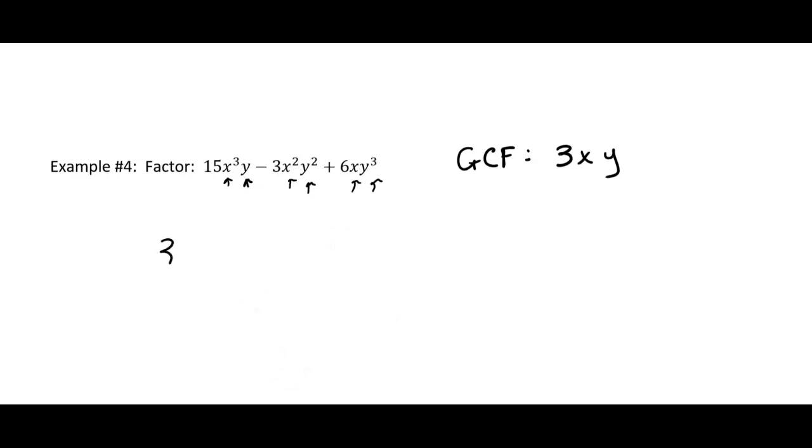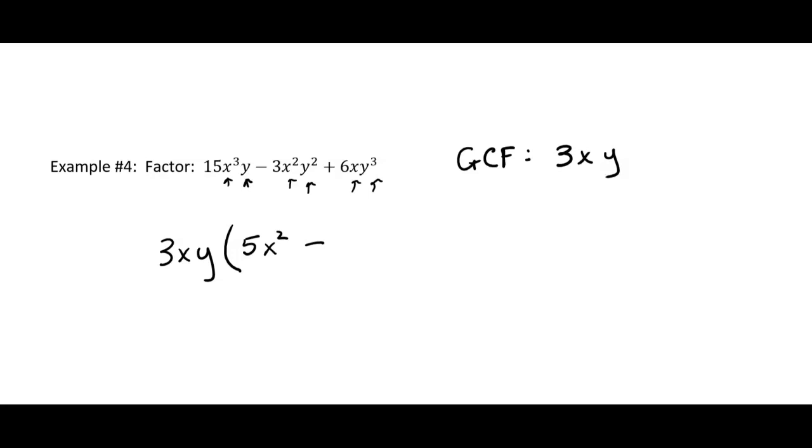I write 3xy, and then parenthesis, that indicates the multiplication. And then I think about, well, if I took a 3xy out of each term, what do I have left? Well, 3 times 5 would be the 15. I've got an x. I need x squared here. I've got a y, so I don't need any more y's.